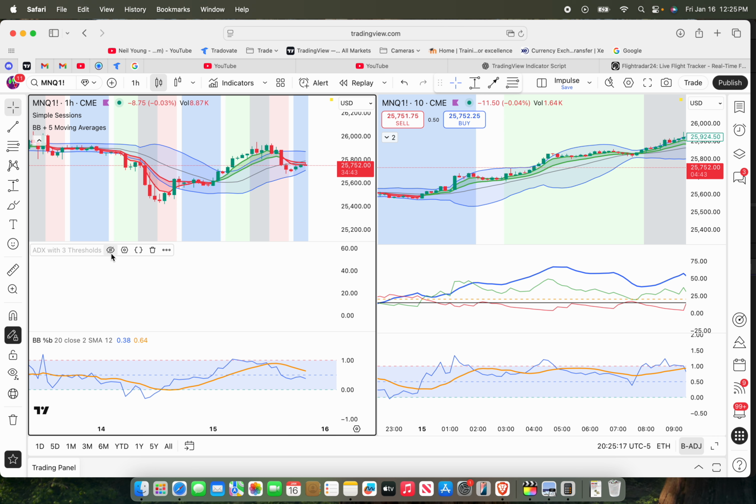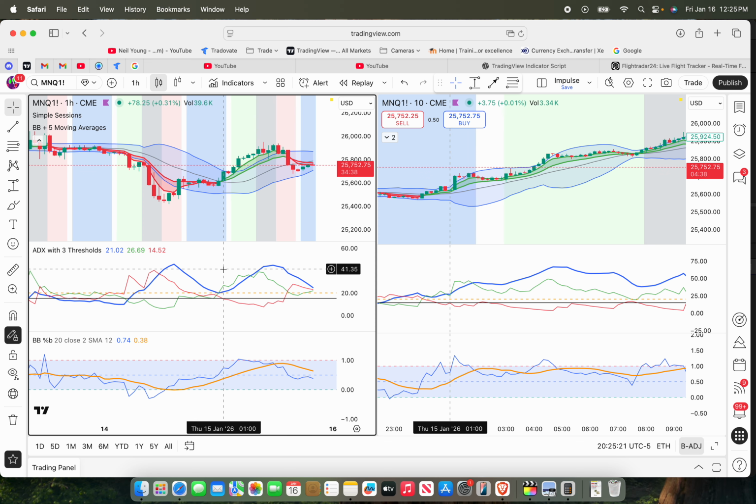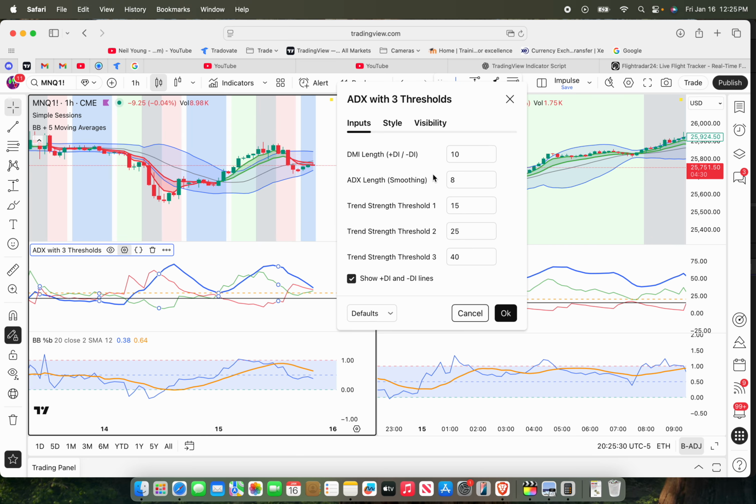Now, there's also another one here, which is very handy. It takes a lot of hard work to work this one out. This is called ADX, a DMI, which a lot of people love and hate. I have my DMI set to 10 and my ADX set to 8. So the DMI is the red and the green.